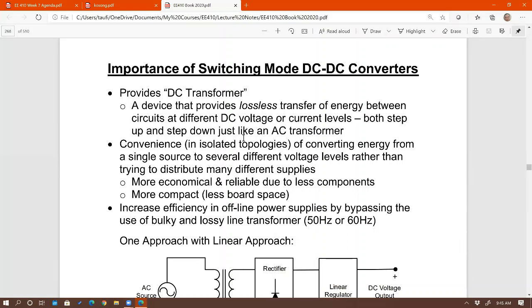Imagine if there's only one source, such as a battery, and then you have many loads to supply energy to, then you don't need to have multiple DC to DC converters. You may have only one DC to DC converter to provide those loads. And for that you have to use the topology that we're covering in the next chapter, chapter 8.